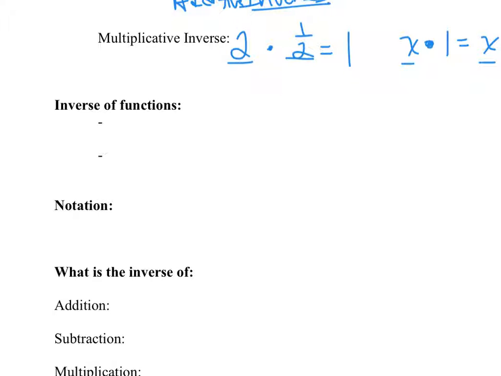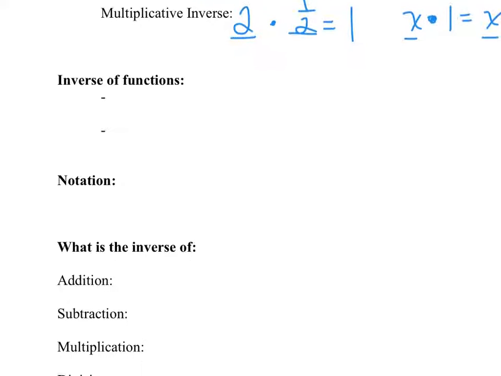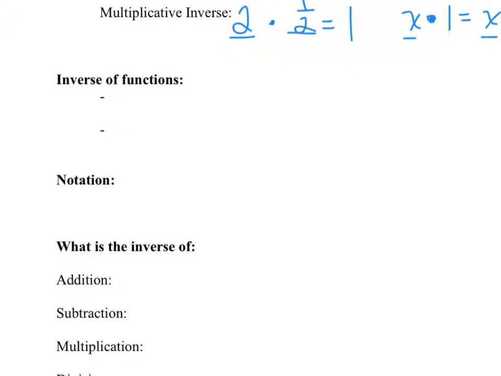So what is a function? How do I deal with that? Now hopefully you know what a function is. It's a thing that passes the vertical line test and all those wonderful things. It's a series of points that, when you put them together, form a curve, a graph of some sort.